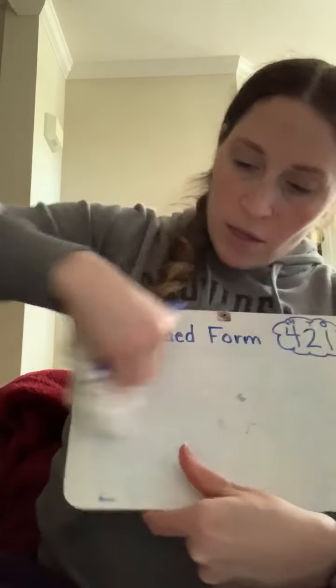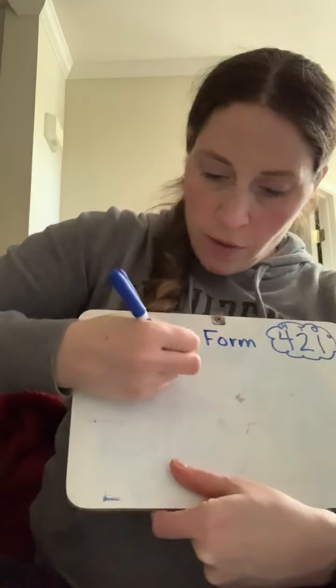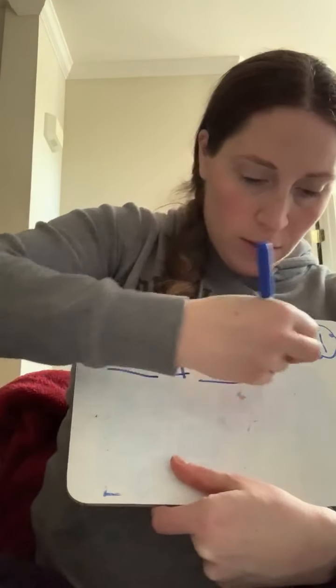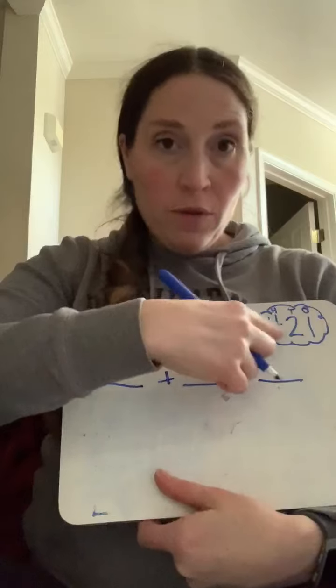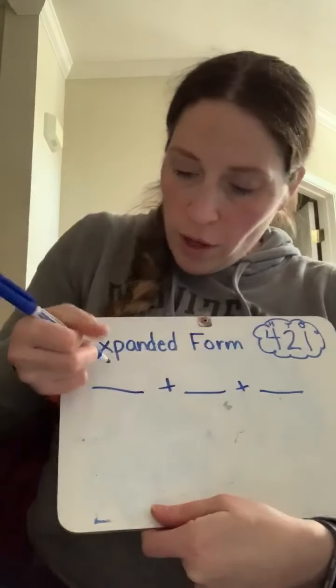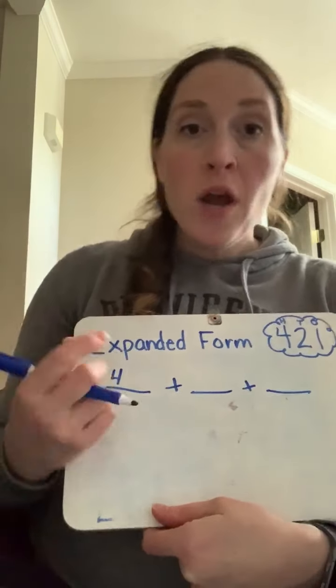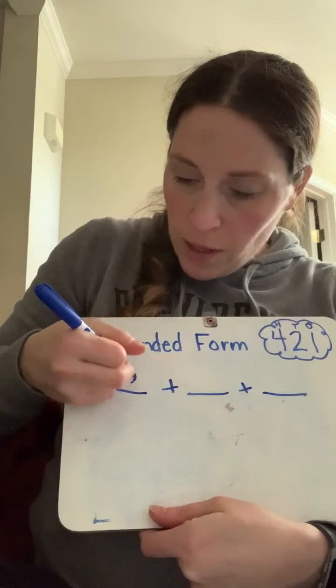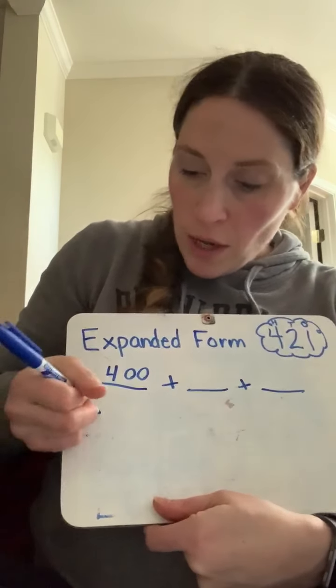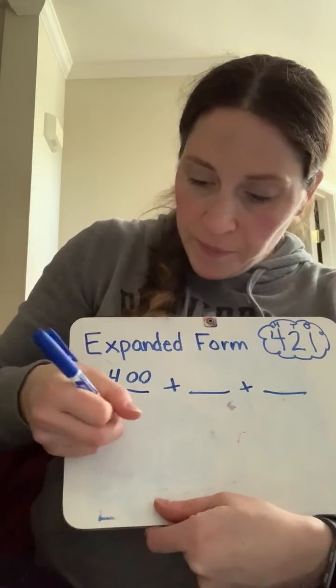One other way you could do it is if you look at 421, you have a 4 in the hundreds place, so you put your 4. When you're working with numbers in a hundreds place, you add 2 zeros.